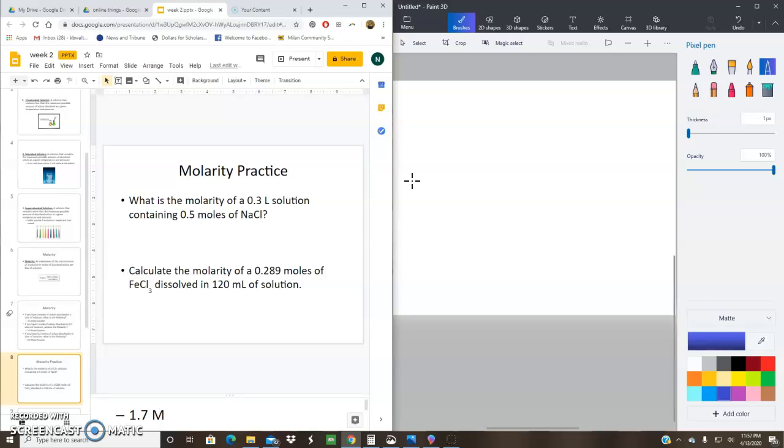So let's get to work. What do we know? We know we have liters equal to 0.3 liters, and we know that we have moles of 0.5 NaCl.